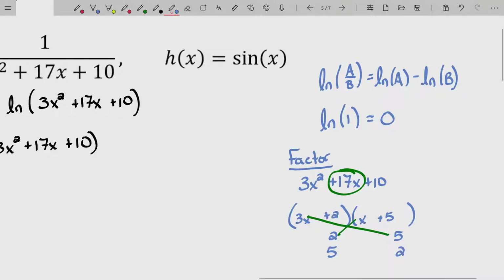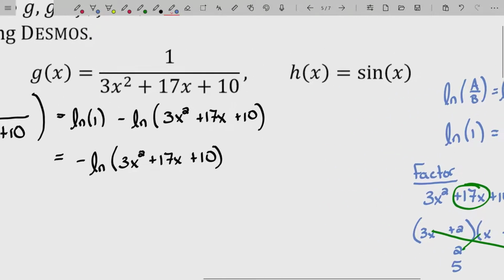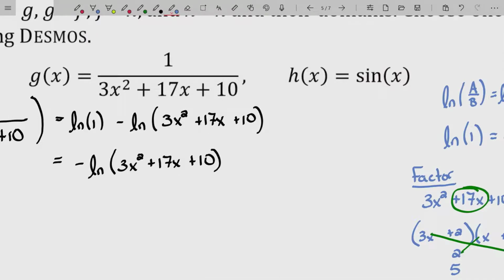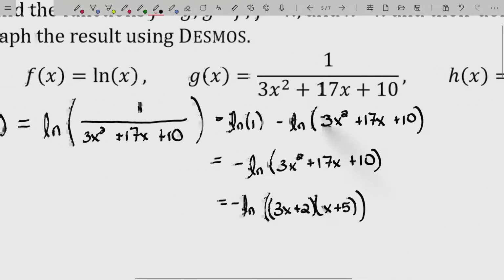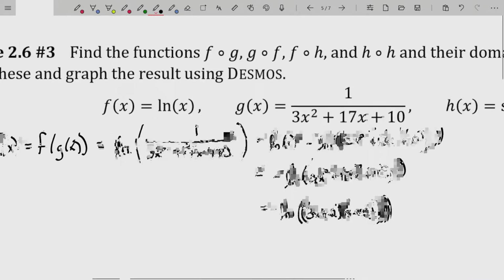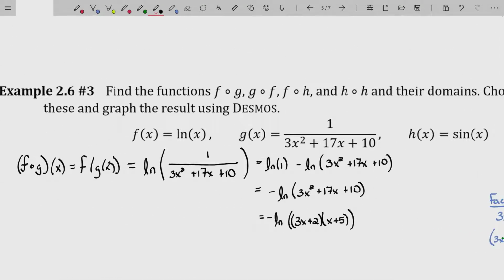And so we even have that this natural logarithm, the argument of it, factors further into 3x plus 2 in quantities times x plus 5. All right, so that even can be simplified further. So notice that it's not as simple as just saying, oh, I'm going to plug g into f and I'm done. Those days are gone.